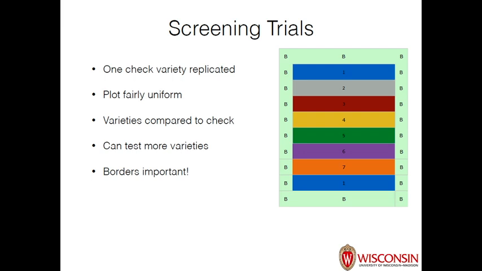For screening trials, you would pick which variety you want to replicate based on which one you know and like the best. You want to have this variety be something you're familiar with because you're going to use it as a benchmark for all the other varieties, and also to determine whether the trial conditions are similar to other conditions that you've seen.